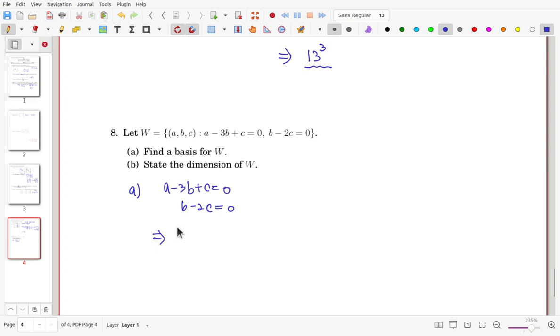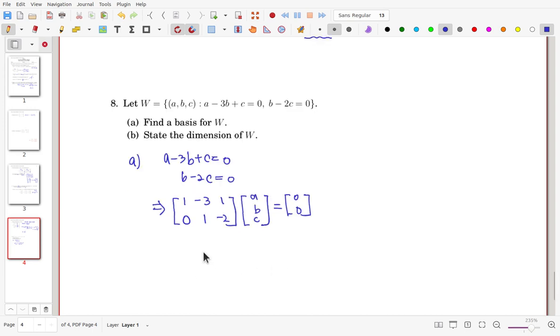Then once we write the system in matrix form, here 1, minus 3, and 1 are the coefficients, and the second row must be 0, 1, minus 2, and this is now (a, b, c), and then the right side must be 0 and 0, right? That is the matrix form.